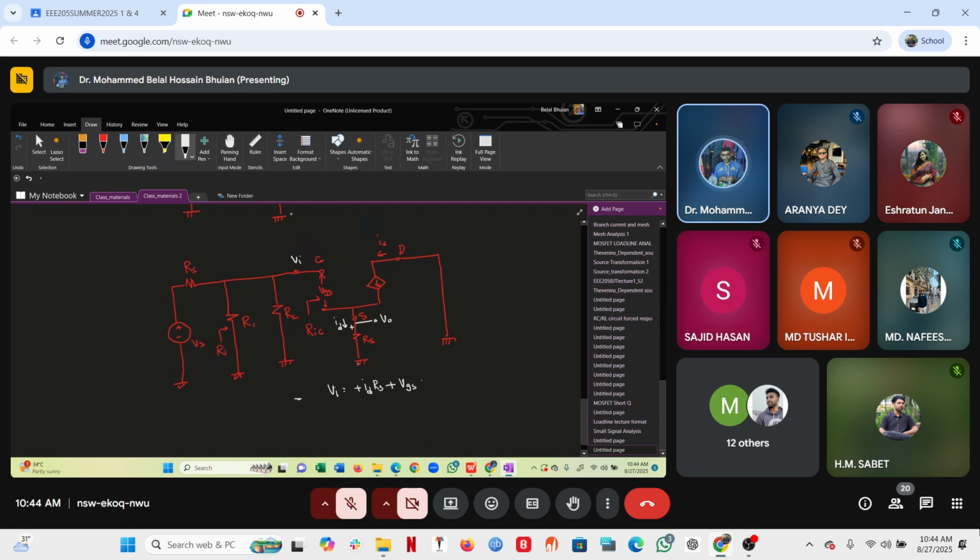What is I_D? gm VGS. So VI equals gm VGS times RS plus VGS. So if I take VGS out, we can get (1 plus gm RS) VGS. That's the VI.